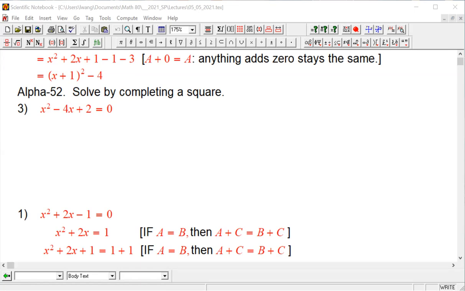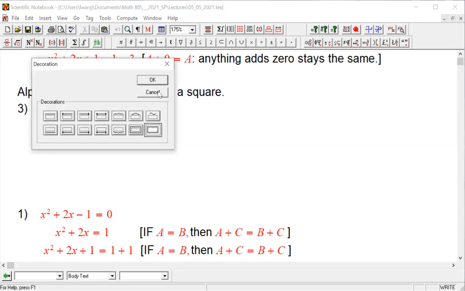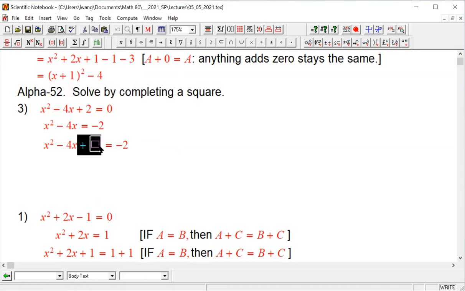I'm going to give you a little start to see if you're on the same track as mine. I'm going to add the same number on both sides.